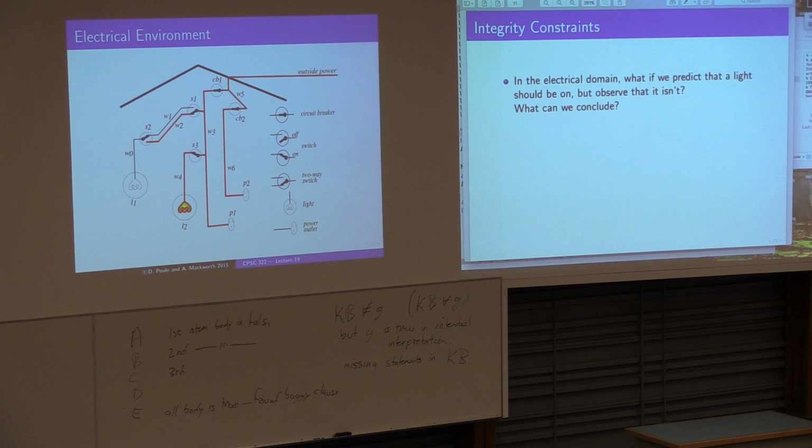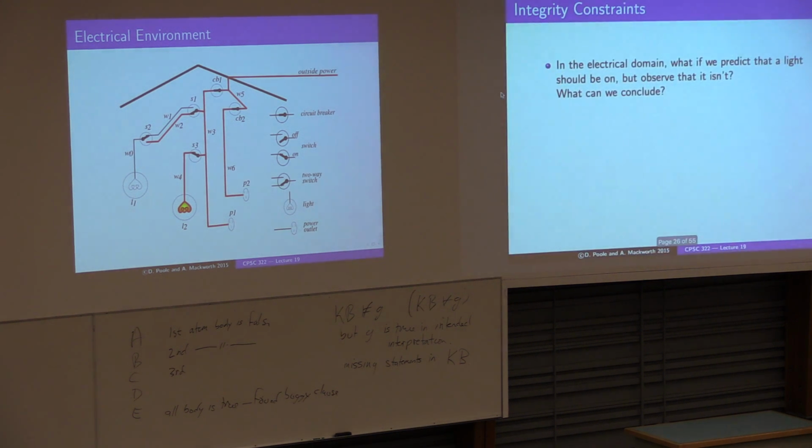All right, next thing. In this electrical domain, what if we predict that the light should be on, but observe that it isn't? We had this problem before about what happens if we predict, if we go through here, we say S3 is up, but L2 is not lit.